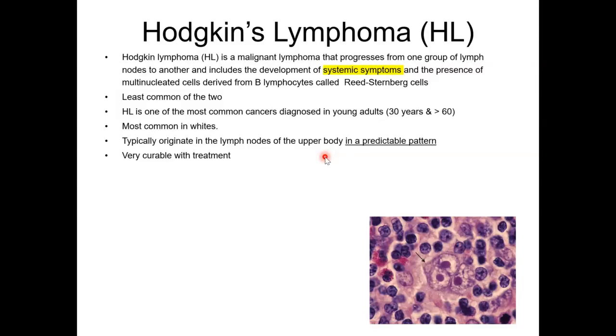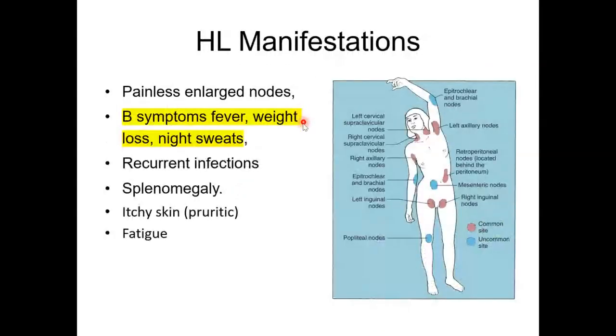And as far as clinical manifestations, I think I have a slide. Yeah. Enlarged nodes, B symptoms. B symptoms are important for you to understand. Remember, these are B cells.